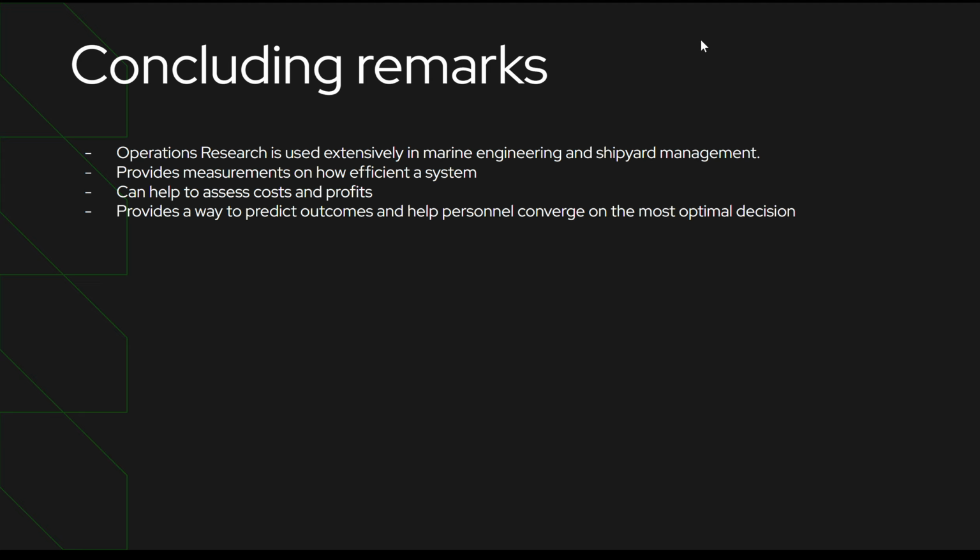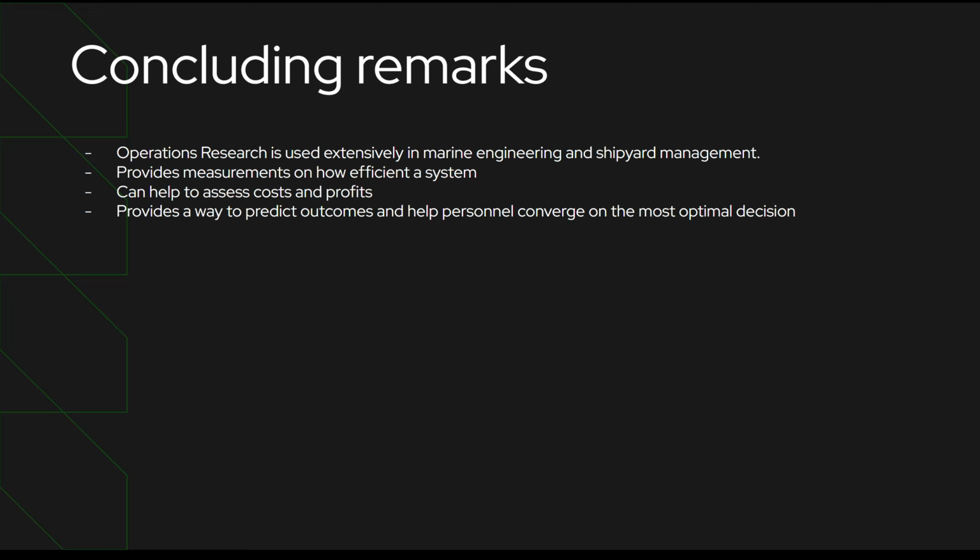So some concluding remarks on how operations research can help solve problems in both marine engineering and shipyard management is that they can help extensively in that they provide measurements of how efficient a system is without being too expensive, as you can literally just make simulations using software such as Simulate or even Excel sheets to help you deduce how efficient the system is.